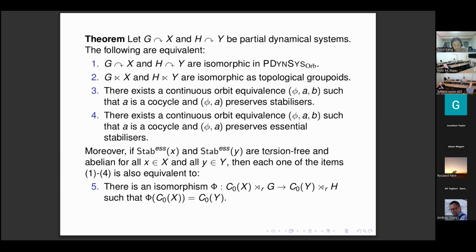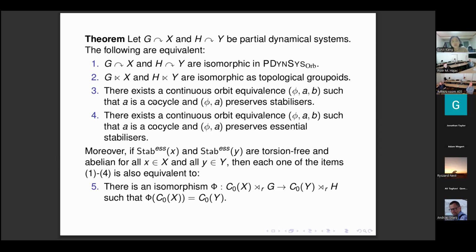Now, here is a theorem again. Two partial dynamical systems are isomorphic in the category of partial dynamical systems if and only if the corresponding groupoids are isomorphic, which is also equivalent to the existence of a continuous orbit equivalence between these two partial dynamical systems such that the cocycle preserves stabilizer.